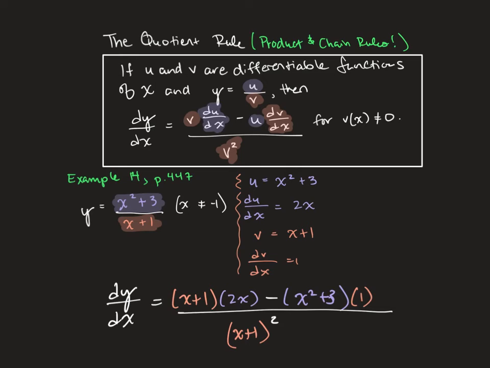So really, you're just finding these and then plugging them into this formula, and that will get you the derivative, which again, this whole thing comes from being the product and the chain rules together.